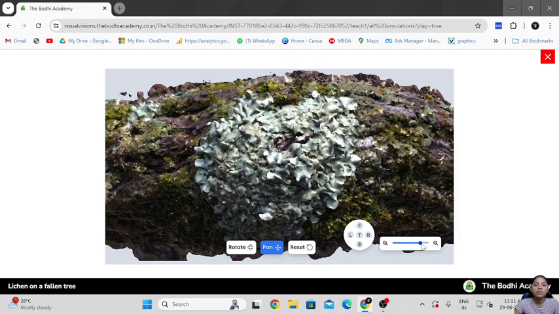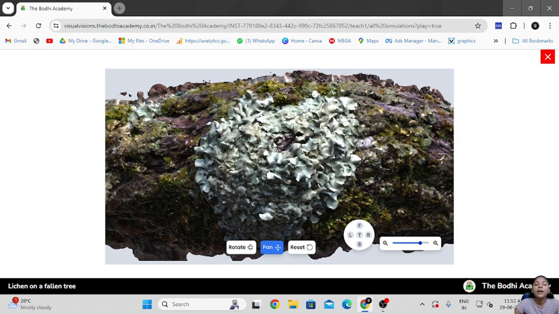So this is almost all about the lichens, that is it is a symbiotic association between two organisms, that is algae and the fungi. The algal component is called the phycobiont, whereas the fungal component is the mycobiont. They are both mutually benefited because of this symbiotic relationship, and no one is harmed at all.